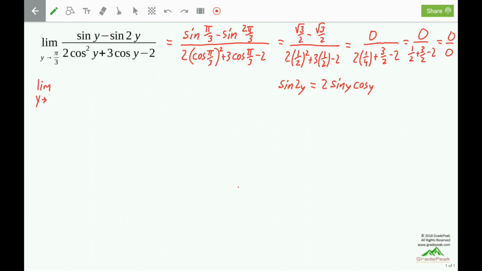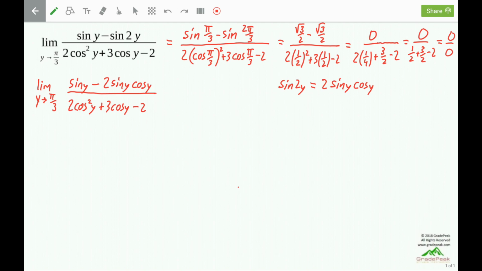So we have the limit as y goes to pi over 3 of sine of y minus 2 sine y cosine y, divided by, I will leave the denominator alone for now.